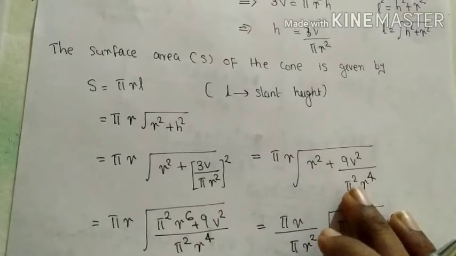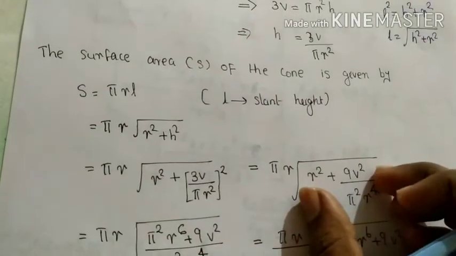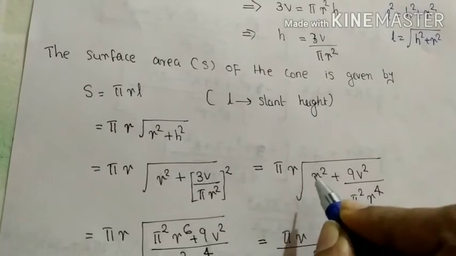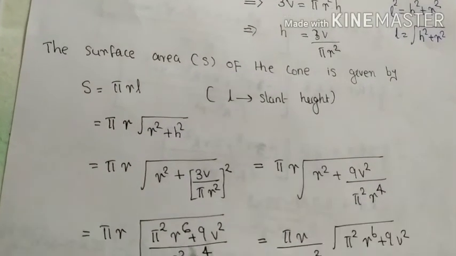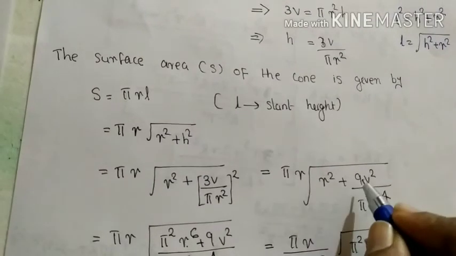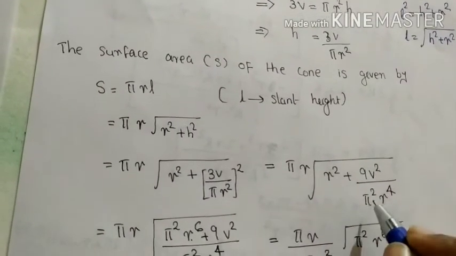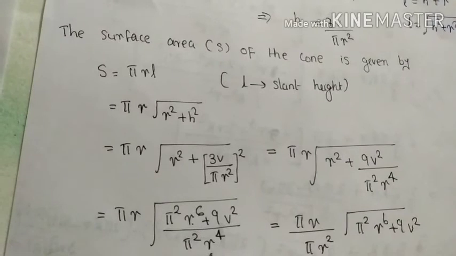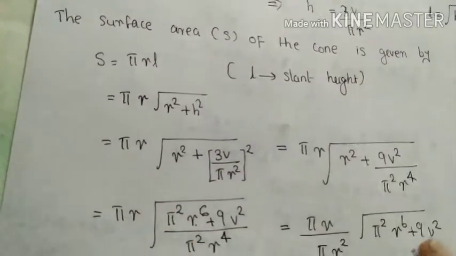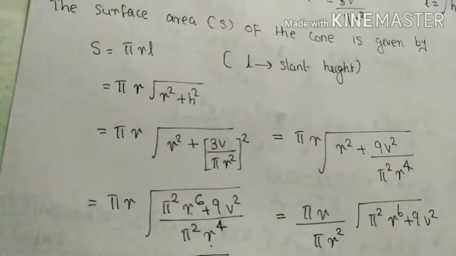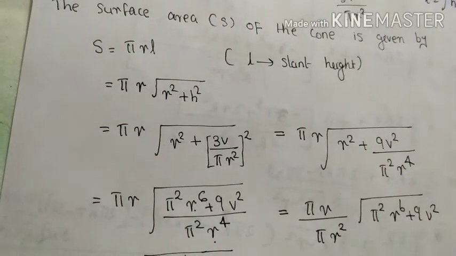Okay, so cross multiplying these terms, we get pi square into R raised to 4 means R raised to 6, that is here, plus 9V square whole divided by pi square R square. Okay, and root of pi square R raised to 4 means root pi square means pi.